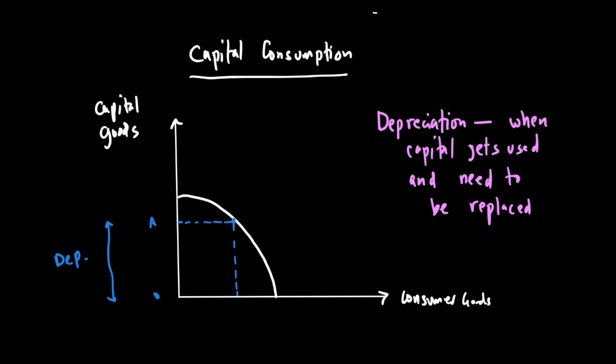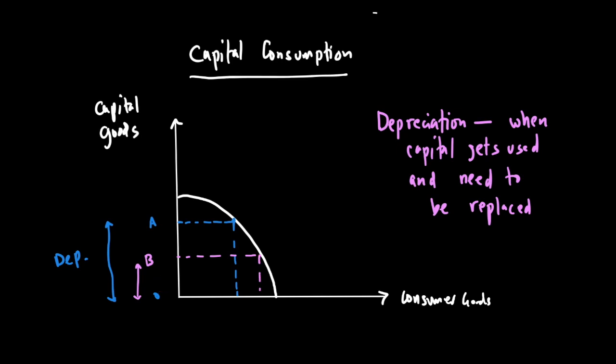But let's say you decide not to put OA, and you decide to put only OB amount of capital stock. This means that you're not putting enough. There is this much of depreciated capital, which means this much of investment needed, and you decided not to put this much, but something lower like OB.